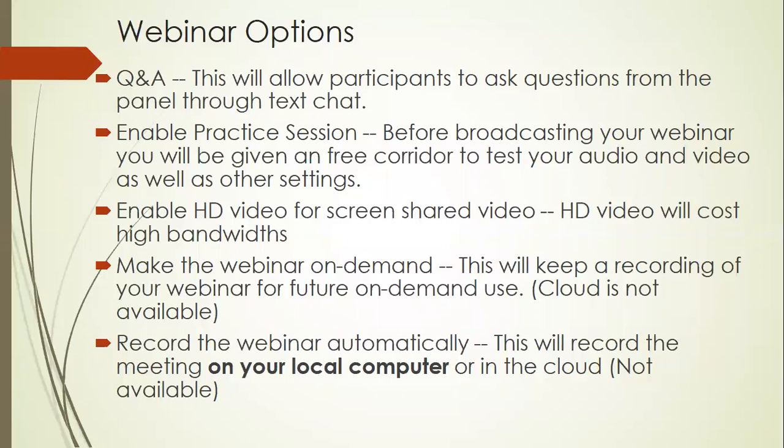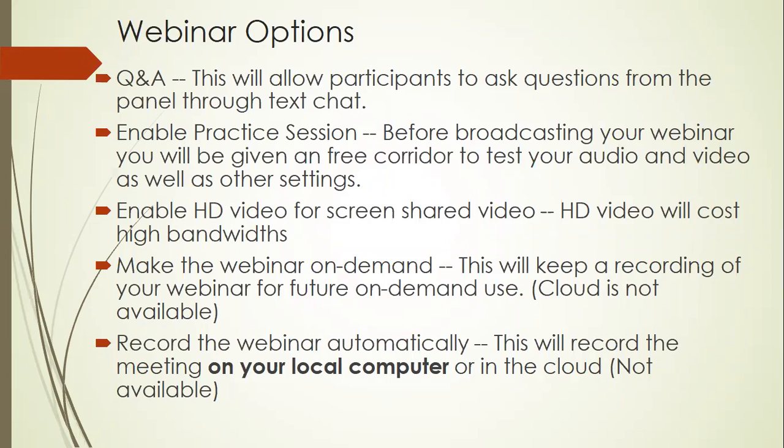It's better to uncheck it. Make the webinar on demand is also an option we cannot check, because for that we need Zoom Cloud, and since we don't have the Zoom Cloud option, please keep that option unchecked too.